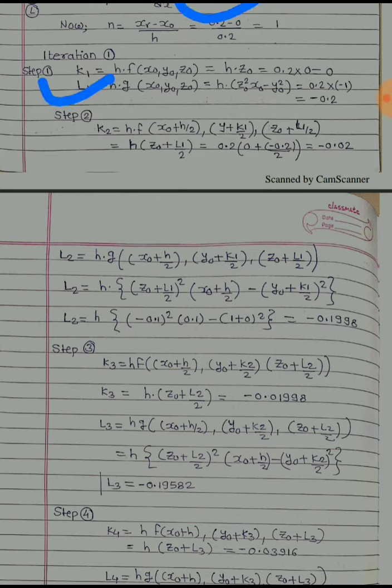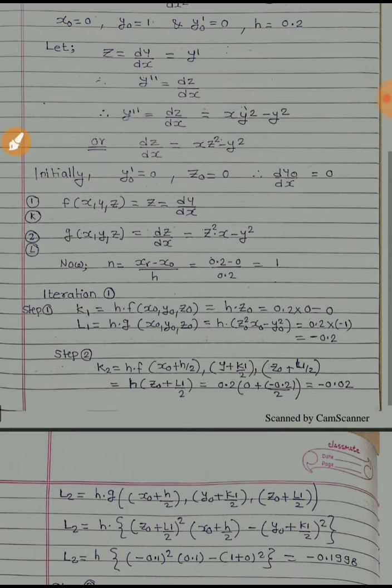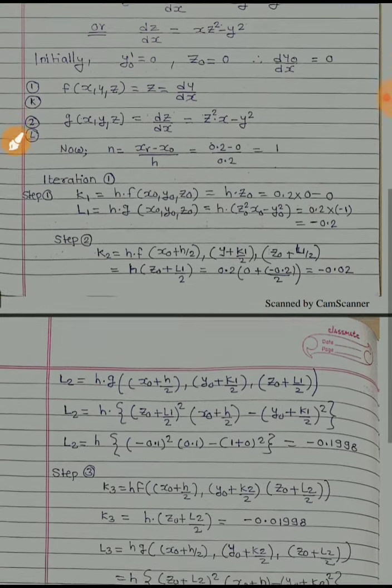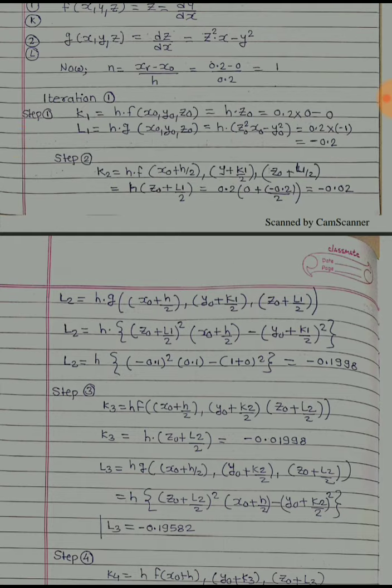So if we put all the values, h is equal to 0.2, z0 is 0, x0 is again 0, and y0 has a value, that is we could say 1. Y0 is 1, which is given in the problem. See, here you can identify it. Hence y0 is equal to 1.